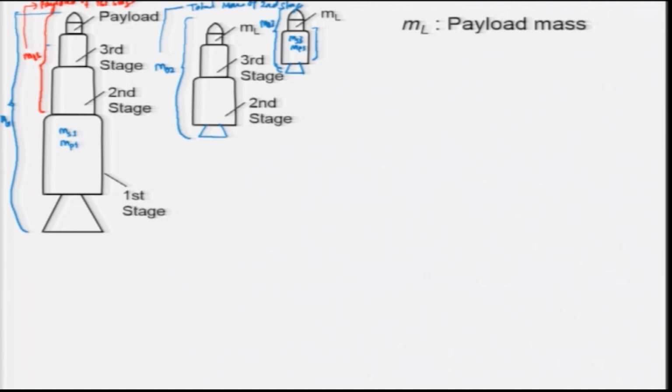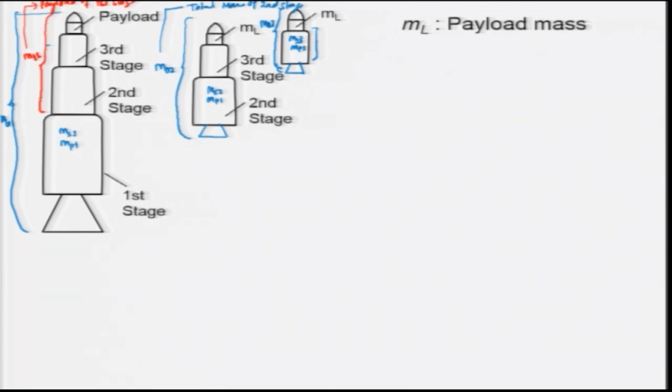And what is being done is that, as I told earlier, the second stage is started once the first stage is dropped out, and then the third stage will be started once the second stage's structural mass and propellant tank are dropped out.